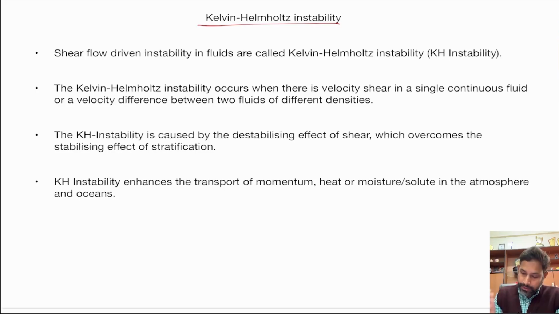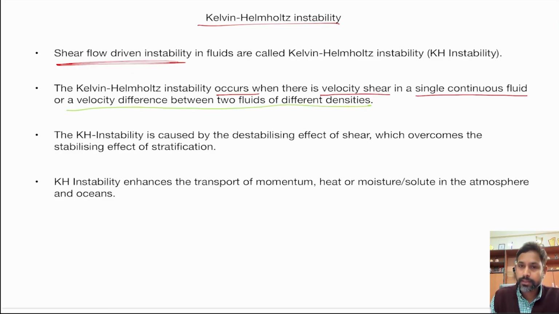Kelvin-Helmholtz instability is basically shear driven instability, as we have seen, and it occurs particularly when there is velocity shear in a single continuous fluid, or a velocity difference between two fluids of different densities, right? So it can happen within a single fluid also, when there is shear flow within the fluid, or if there is stratification, or if there is a velocity difference between two different layers of fluids of different densities.